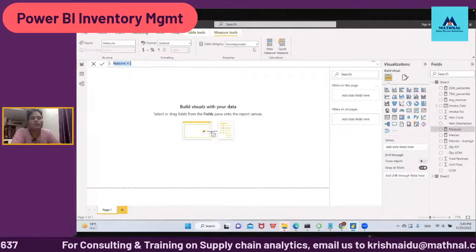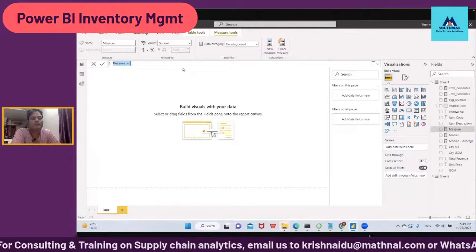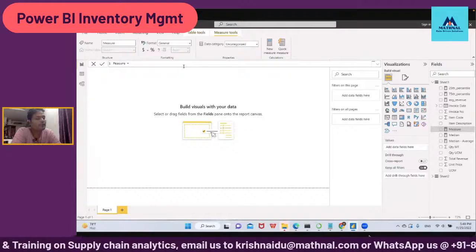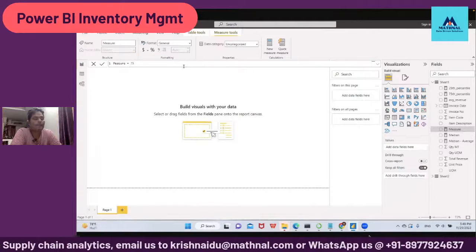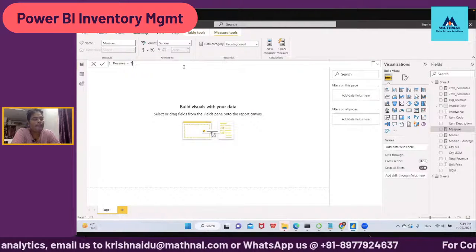Now we have to find a new measure, and the third measure is the subtraction between the 75th percentile and the 25th percentile. Okay, sir.